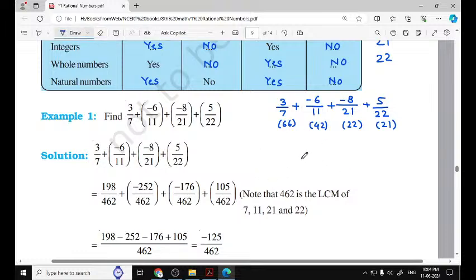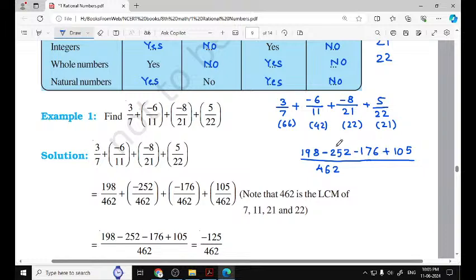Now we have the same denominator, and that denominator is 462. 66 into 3 is 198. Now this number is negative, so the product is negative. 42 into 6 is 252, minus 176 plus 105.